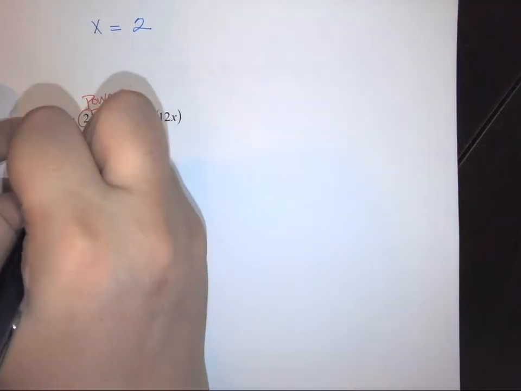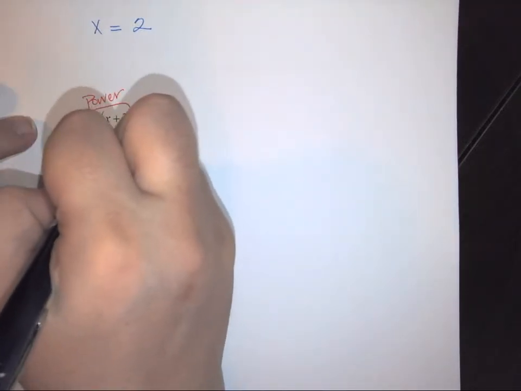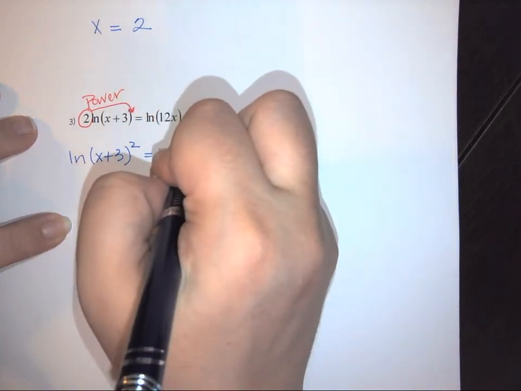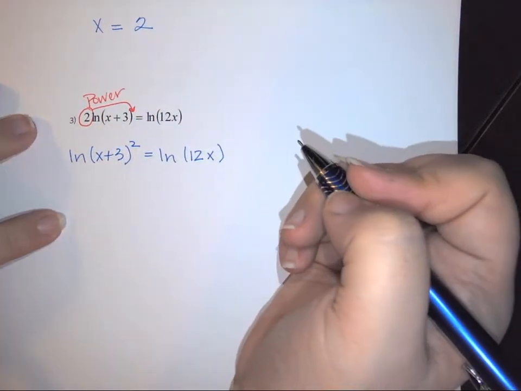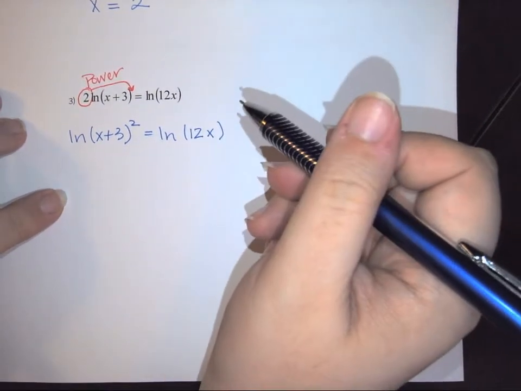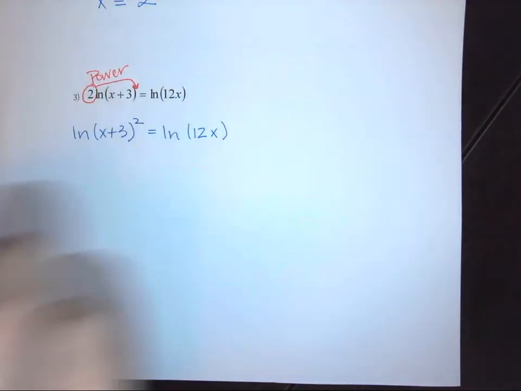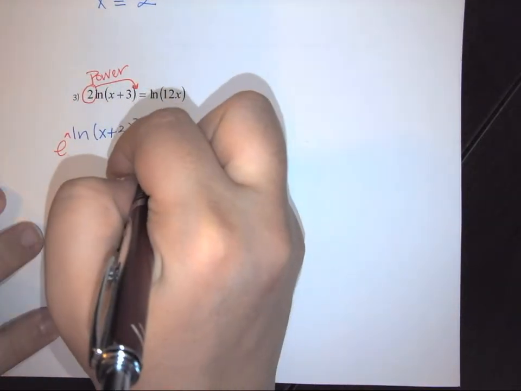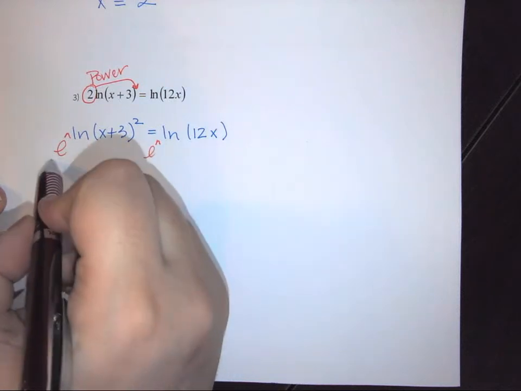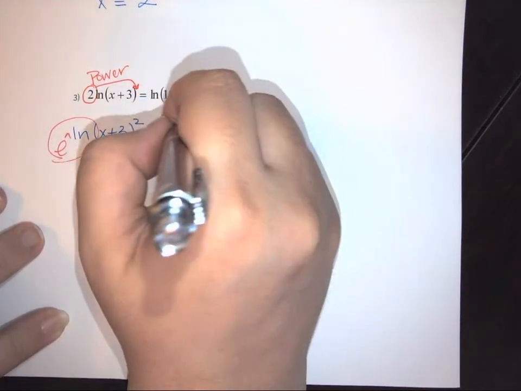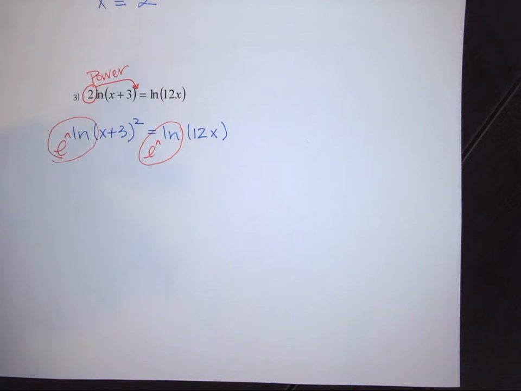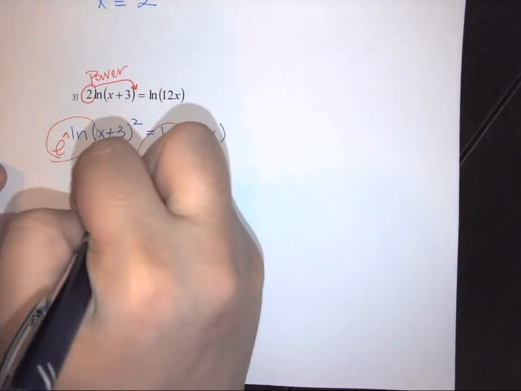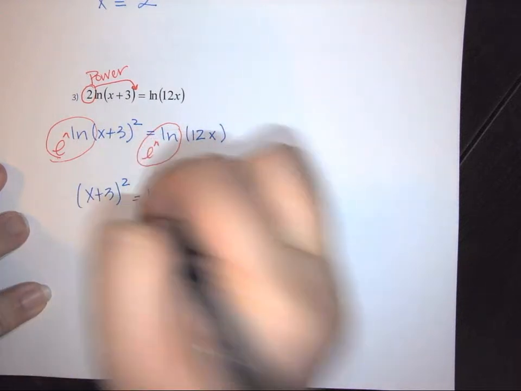So this becomes the natural log of x plus 3 squared equals the natural log of 12x. Now in order to undo the natural log, I just very simply would raise each side to the e. So if I raise this up to my e, then my e in natural log, this right here, will go away. Same with this. And it's going to leave behind x plus 3 squared equals 12x.